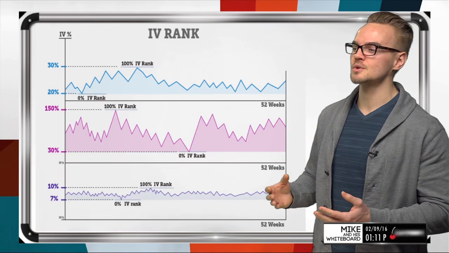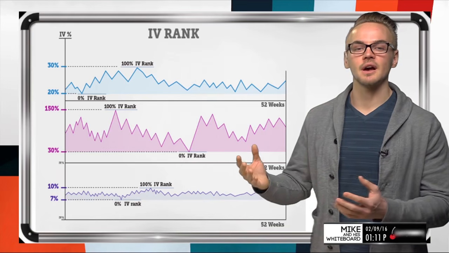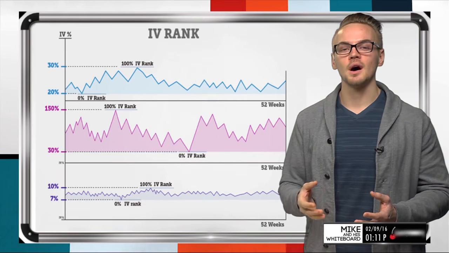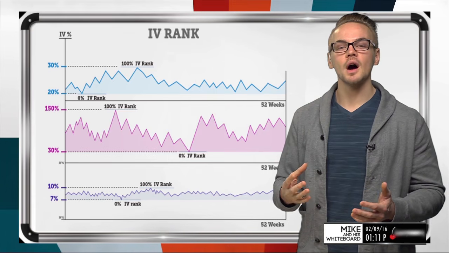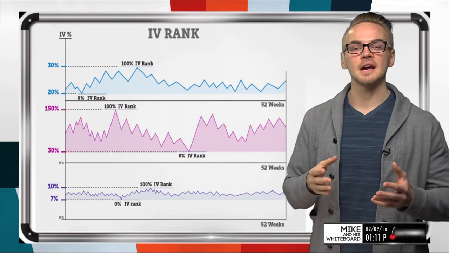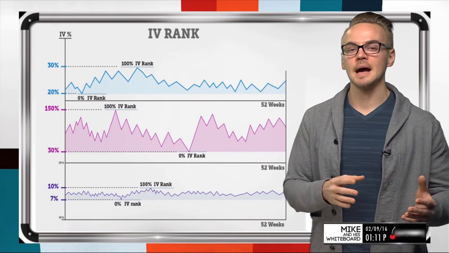So it's really important to, number one, look at the IV rank or IV percentile, whichever calculation we're using first. But then we want to still dig into the raw implied volatility, because the raw implied volatility is really what's going to be the reflection of the option prices. Again, implied volatility is just a reflection of the option prices.